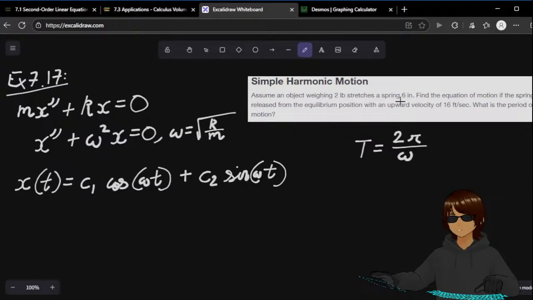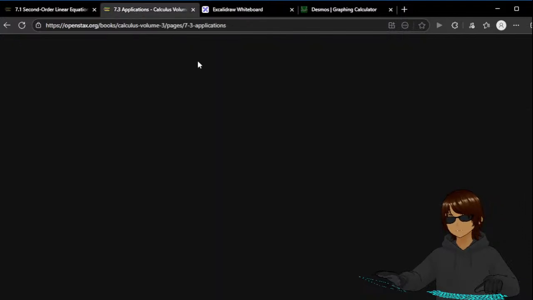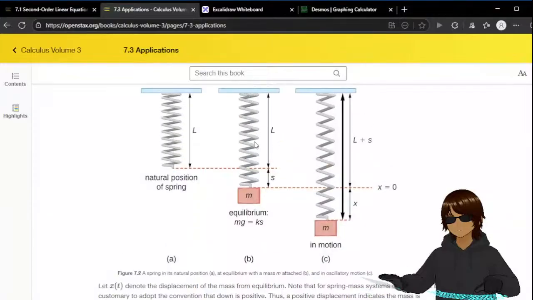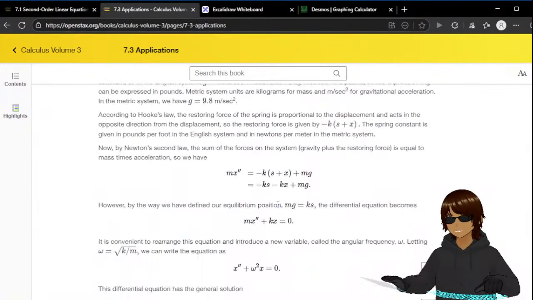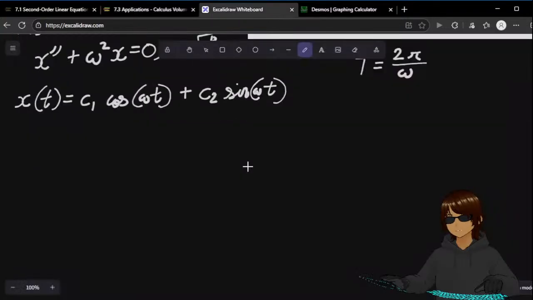So mass is this. We don't know what k is. The object weighing 2 pounds stretches a spring 6 inches. So s is equal to 2. Hold on, I'm getting confused.